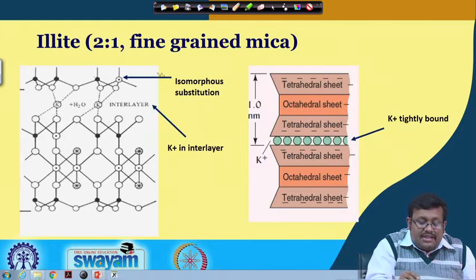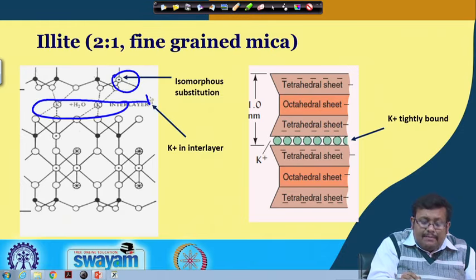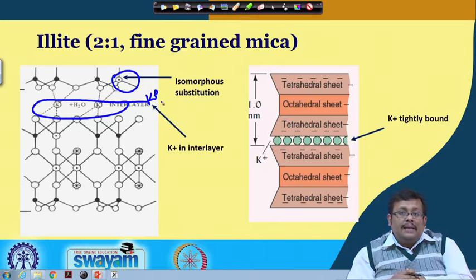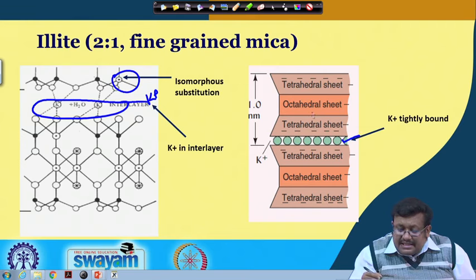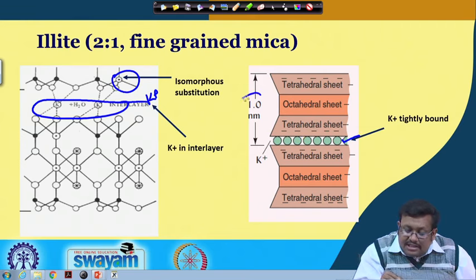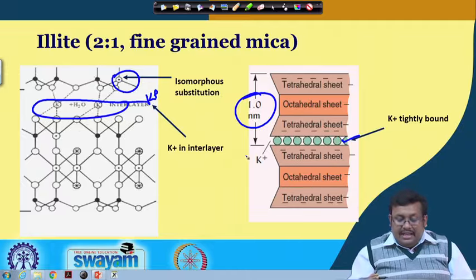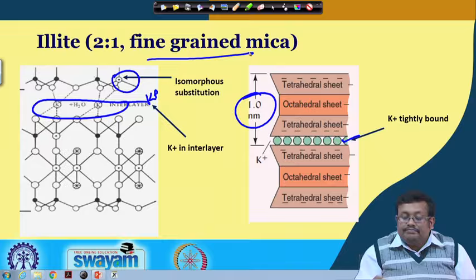Obviously, you can see the isomorphous substitution only occurring in the tetrahedral layer, and whatever negative charge develops is satisfied by this interlayer K plus, and K plus is very small. As a result, they are almost collapsed and very tightly bound. The d-axis spacing is only 1 nanometer, and that is why these are non-expanding in nature. Another name of illite is fine-grained mica.